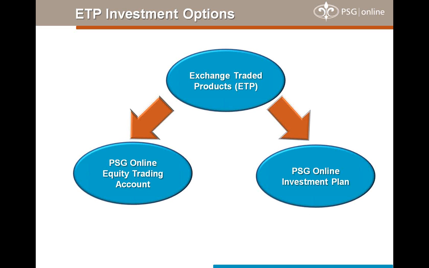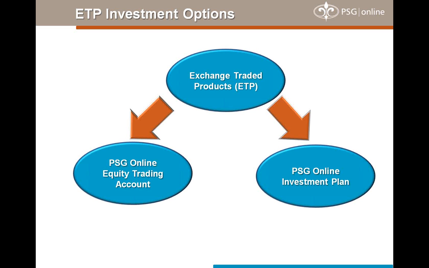As I said, there are two ways to get into exchange traded products. You can open up an account with a stockbroker and trade these ETPs as a normal share. There's a difference in costs. The equity account route is for the person who's got a bigger lump sum to invest, whereas the PhD Online investment plan is for someone looking at a debit order.